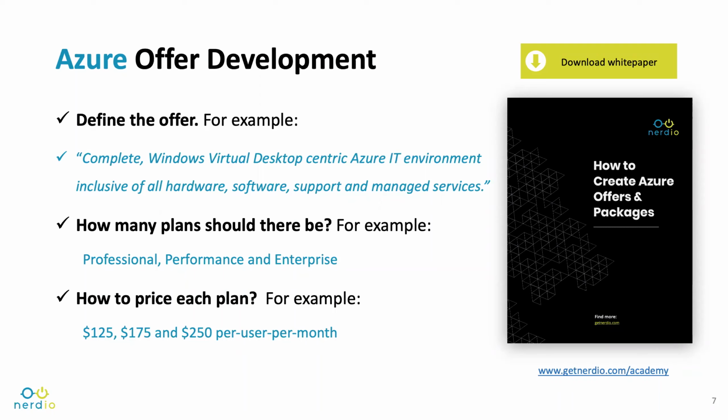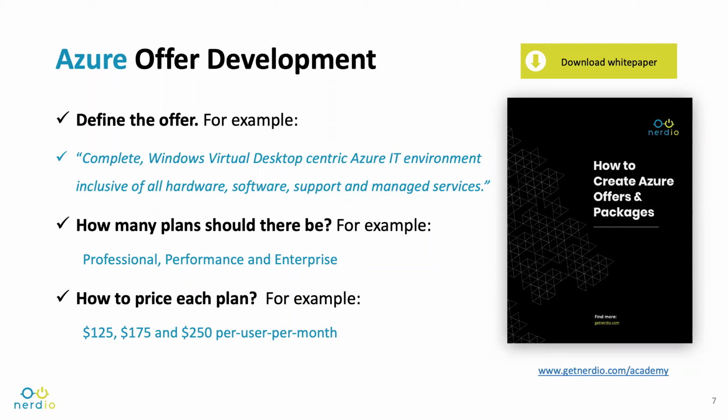The reason you don't want too many is pretty obvious, because if you have too many packages, it defeats the purpose of productization and packaging, because that complicates the buying process, the service delivery process, the quoting process. So having a smaller number makes sense to keep the benefits intact.